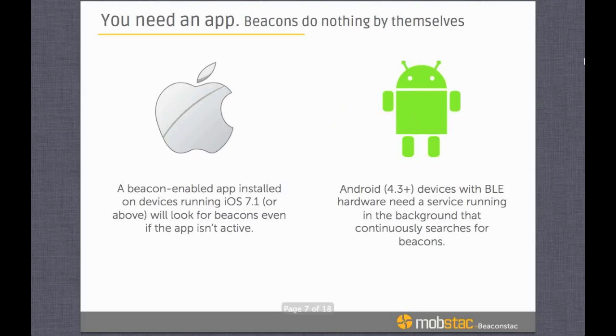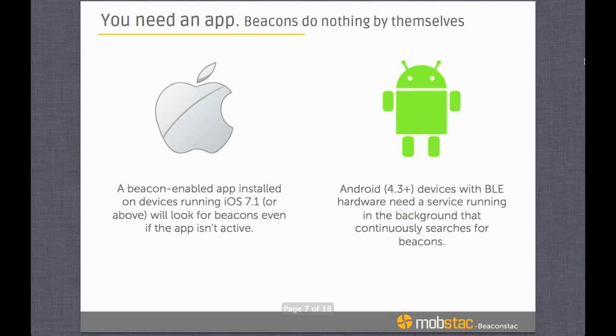I just mentioned that a beacon engages with a user's device, smartphone or tablet. But there's something really important for all of us to be clear about before we move any further in understanding how to use beacons.